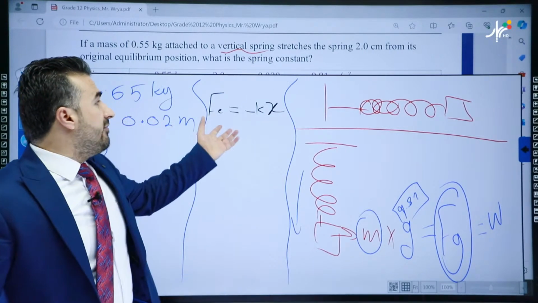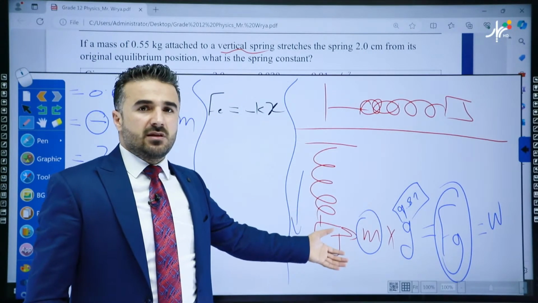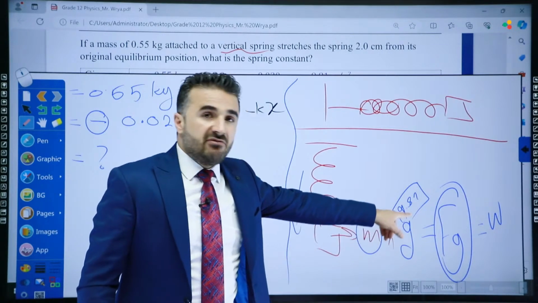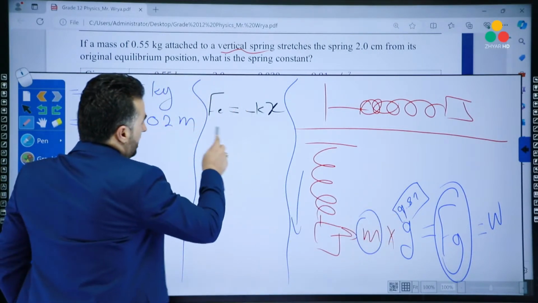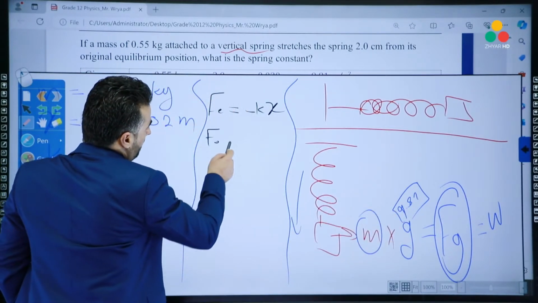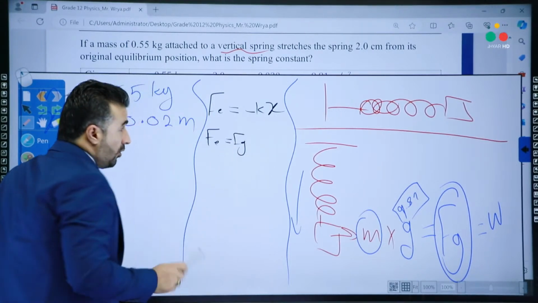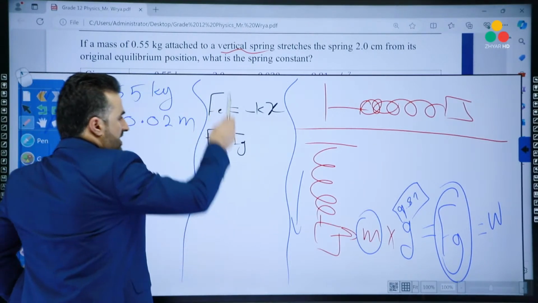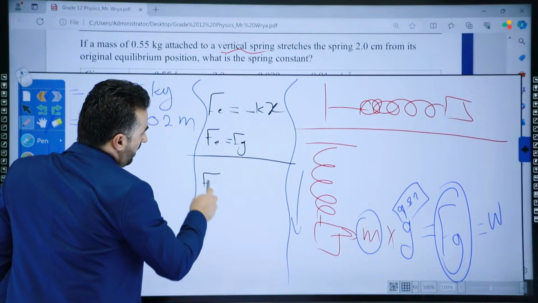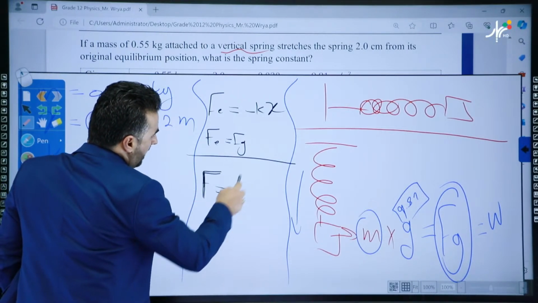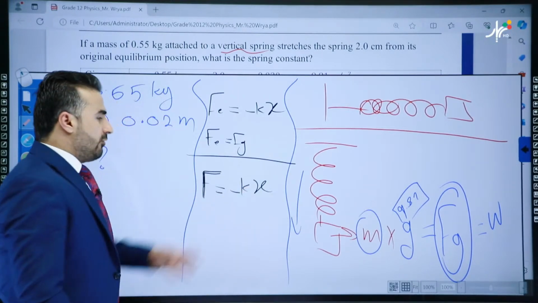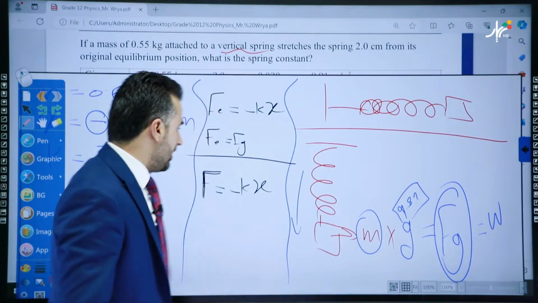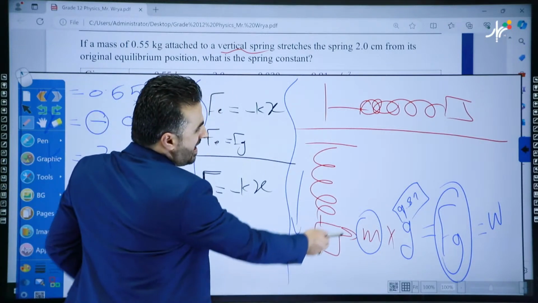But what provides the force that is stretching the spring here? Of course, that is the gravitational force. So, of course, we can say F elastic here equal to Fg. Or in another word, you can even ignore this E here. You could just say F equals to negative Kx. We don't care about what force is stretching the spring here, but as you can tell, the mass is stretching.